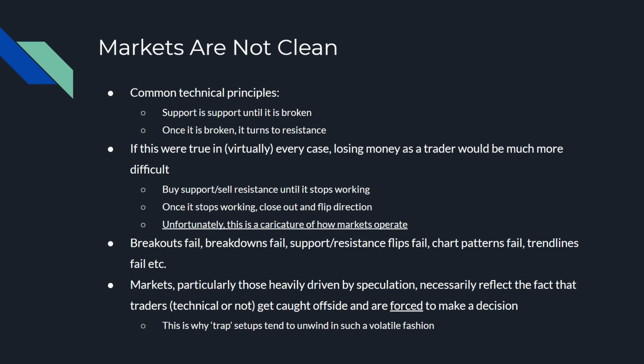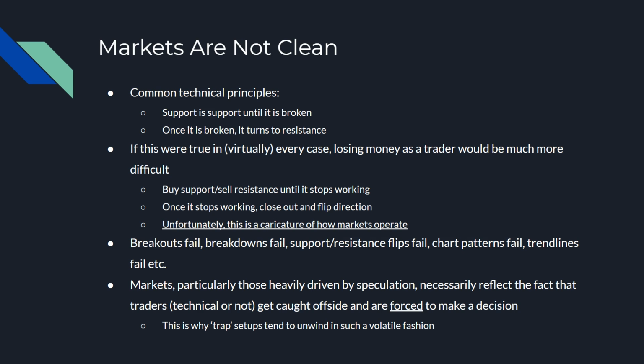As mentioned in bullet point number 3, all of the basic technical analysis tools, guides, frameworks, you name it, that we rely on, breakouts, breakdowns, as in market structure, support resistance flips, chart patterns, trend lines, channels, supply demand zones, whatever you want to call anything, are all likely at some point to not do their job perfectly.